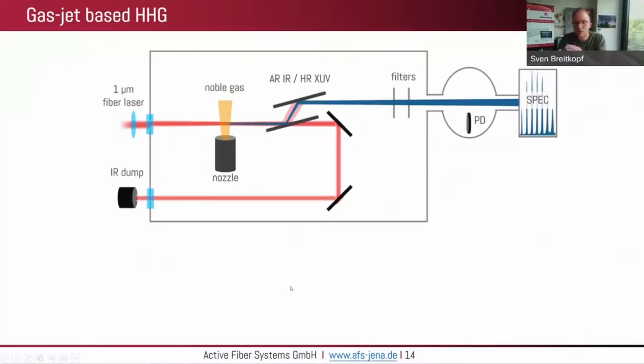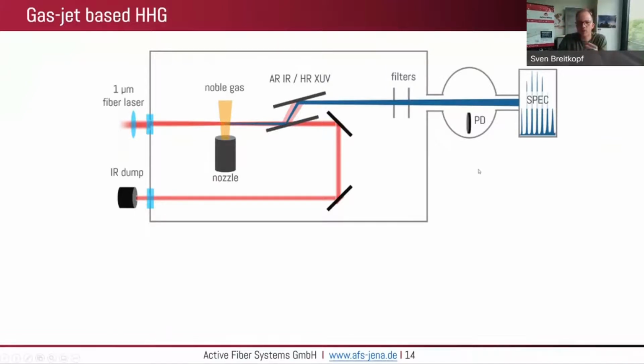The high harmonic generation, maybe many of you haven't heard of that before. It's basically a mechanism that allows you to convert visible or near infrared radiation into XUV radiation. So this happens in a gas jet typically, and so you simply send in a lot of power at the infrared, and then you get out some XUV light.